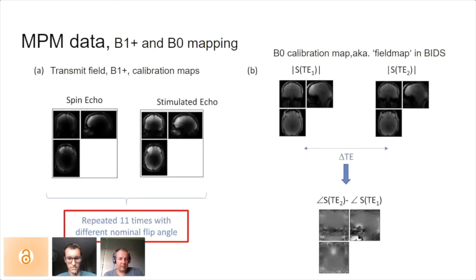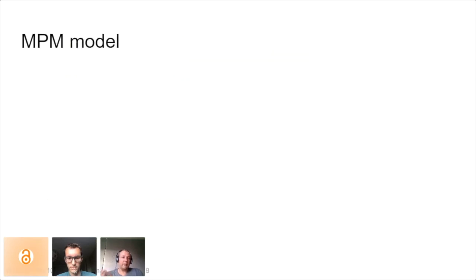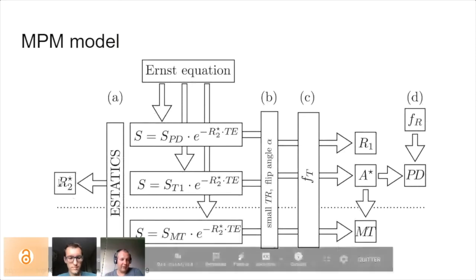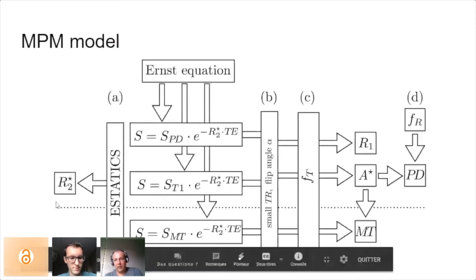So all those images make up something fairly complicated. You have close to 50 images altogether with different resolution, different acquisition parameters. And the idea is that you want to make sense of them using a bunch of equations. So you want to fit a model to the data, for example, to derive the different quantitative image values that you're interested in: R2 star, the R1, the magnetization transfer, proton density.